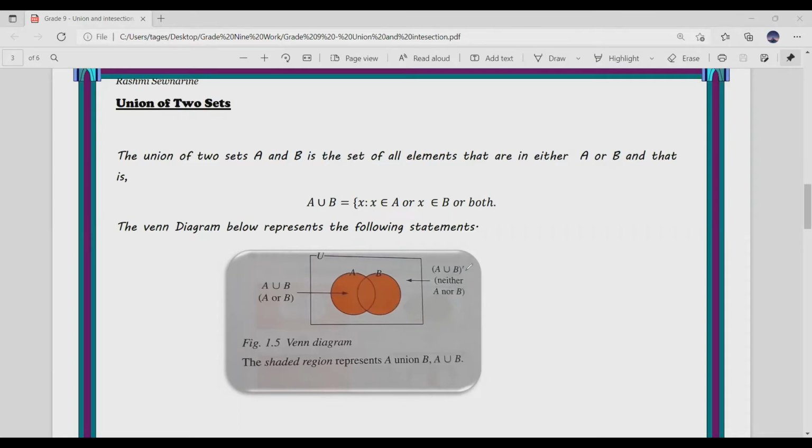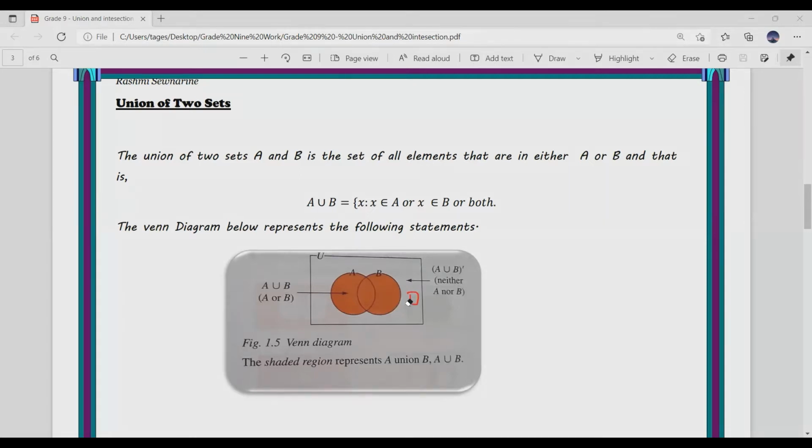Now, A union B complement, when it's in this bracket, means that everything is outside of A and outside of B. It is in neither of the sets, so it's written out here in the rectangle.